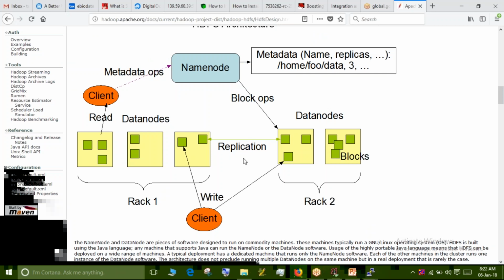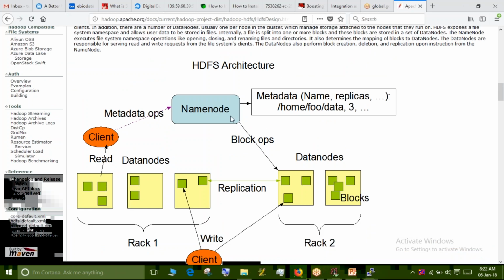This is my HDFS architecture where I have a number of data nodes. Don't worry, I'm going to introduce all these things.